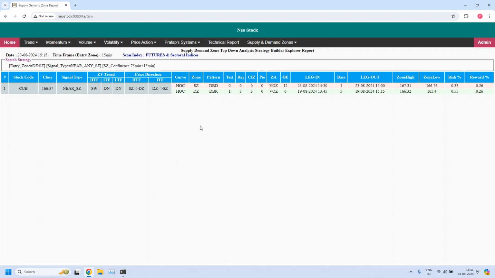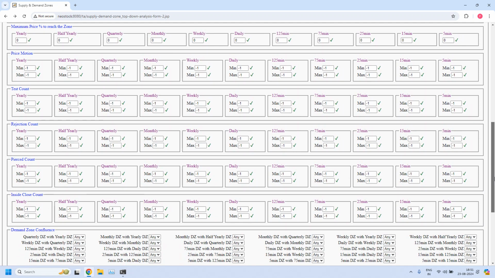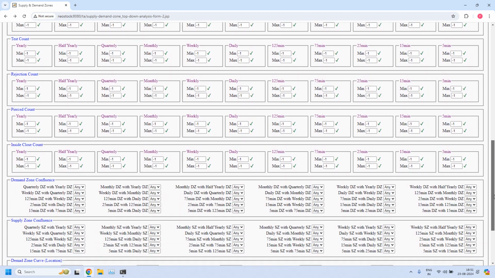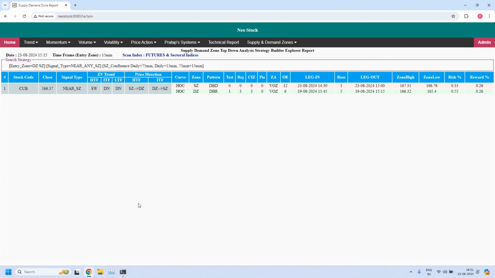Let's verify if this stock is also having HTF confluence, that is daily supply zone confluence. 15 minutes and 75 is enabled. Next, 15 minute supply zone with daily supply zone is also enabled now, and 75 and daily is also enabled. Now let's filter the stocks. Yes, the same stock is filtered.